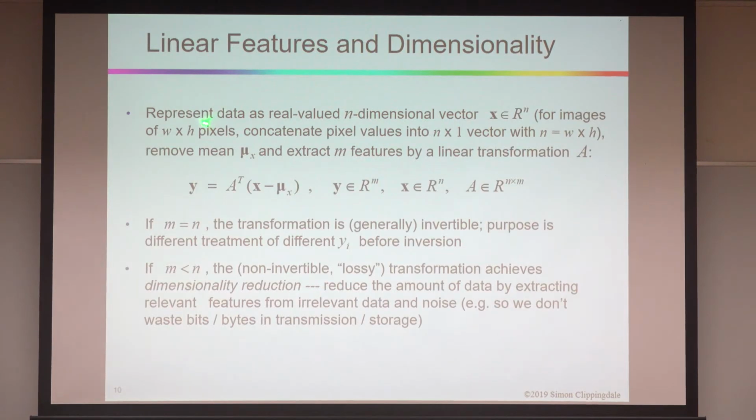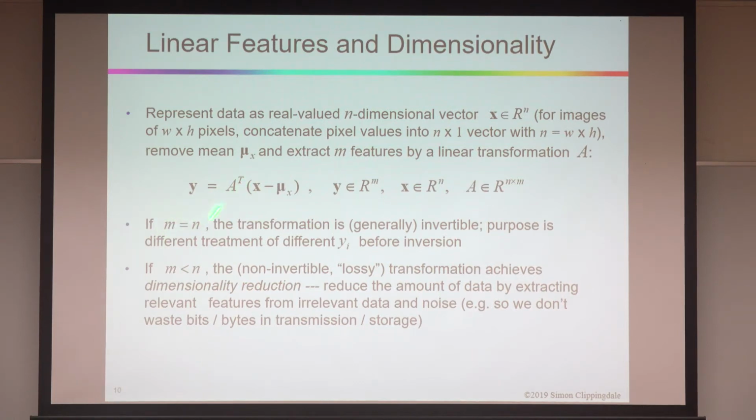So we're representing data as a real-valued n-dimensional vector x, which for images is going to be a big stack of all the pixel values in one vector. We tend to remove the mean because there's no point coding and transmitting the mean every time. We just add it back in at the end. And we extract these m features in a vector y through this linear transformation A, or A transpose here.